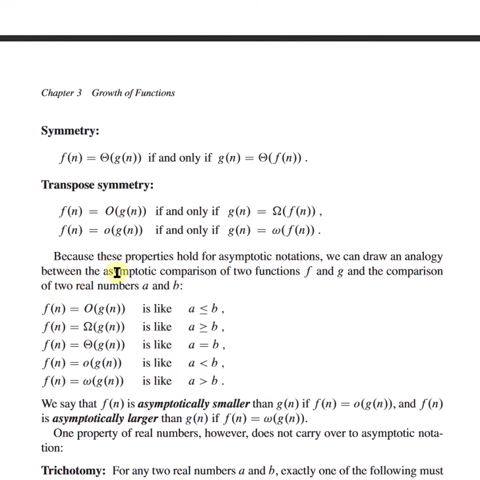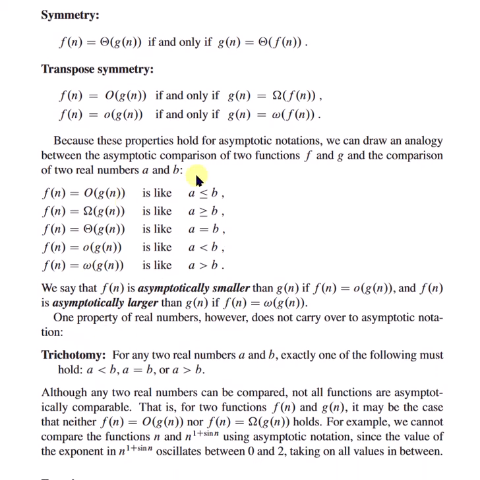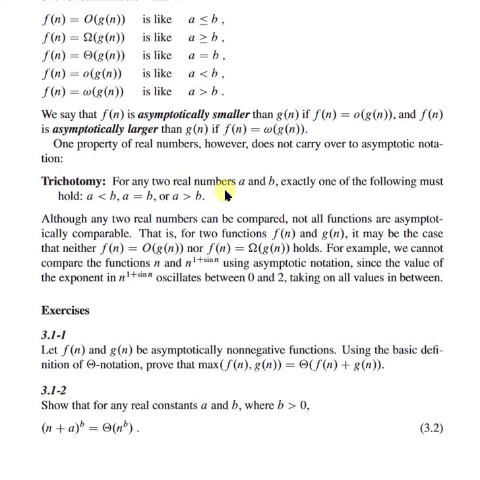We can draw an analogy between asymptotic comparison of two functions f and g and the comparison of two real numbers a and b. For any two real numbers a and b, exactly one of the following must hold.